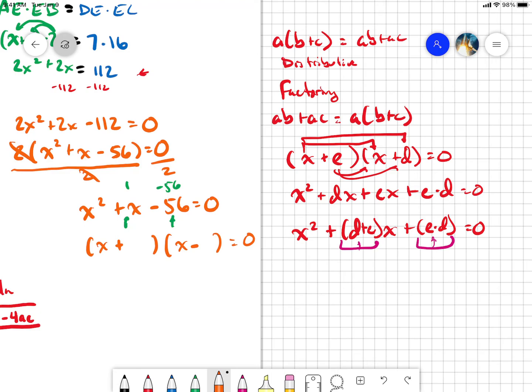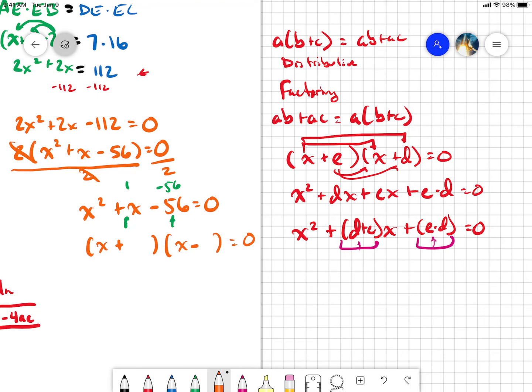So now let's think about our factors of negative 56. What two numbers can multiply together to give me negative 56? Anyone? What's that? We have 2 and 28.